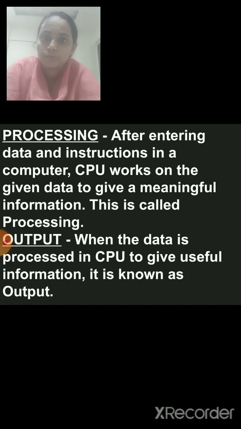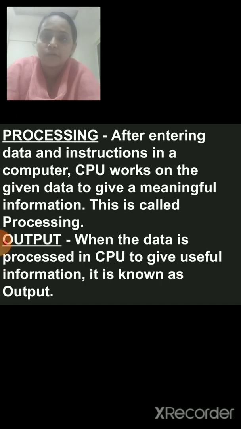What is output? When the data is processed in the CPU to give useful information, it is known as an output. Suppose we are typing A to Z alphabets using the keyboard, it goes into the CPU, which converts it into alphabets, and those alphabets we get on the monitor.